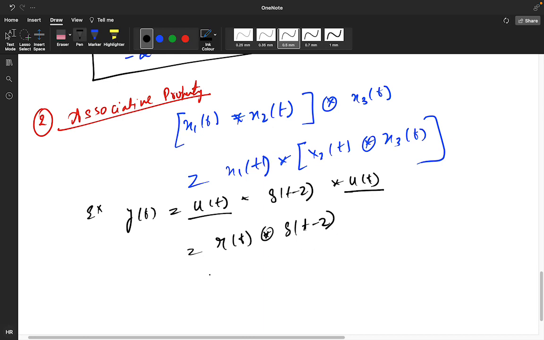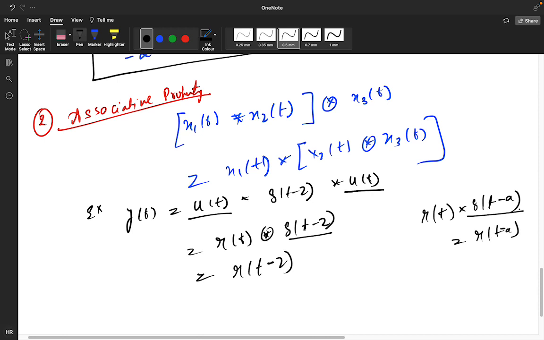So it will give you r of t minus 2. This is a property: r of t convoluted with delta of t minus a gives r of t minus a only. Whatever is here gets shifted.